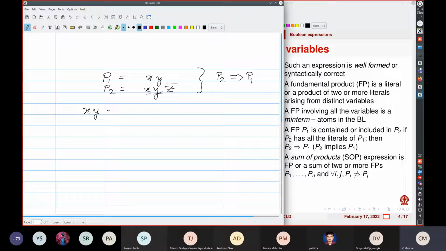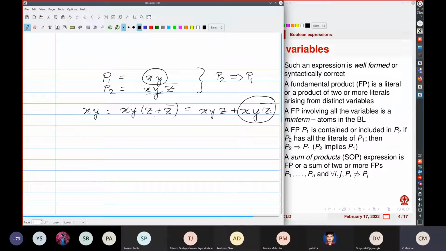Because xy is equal to xy times z or z bar. All right, that is equal to xyz or xyz bar. So basically this one covers something more than this.